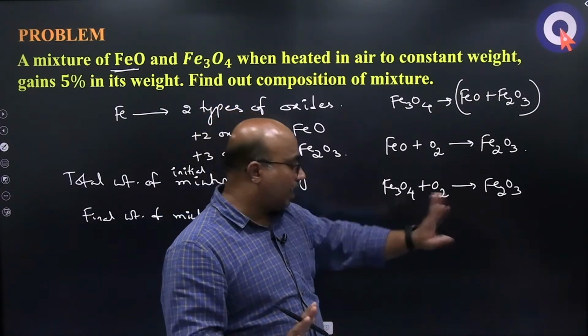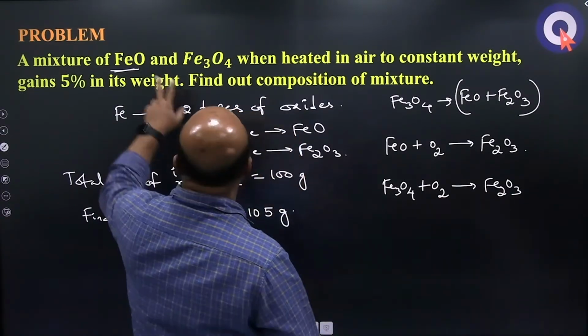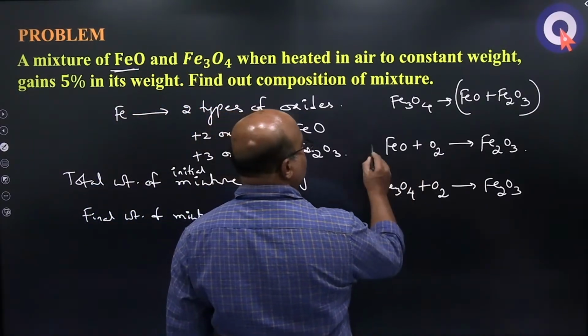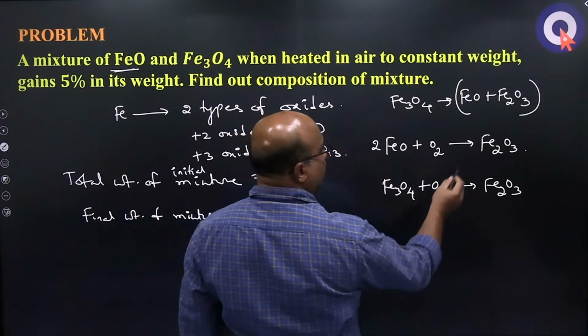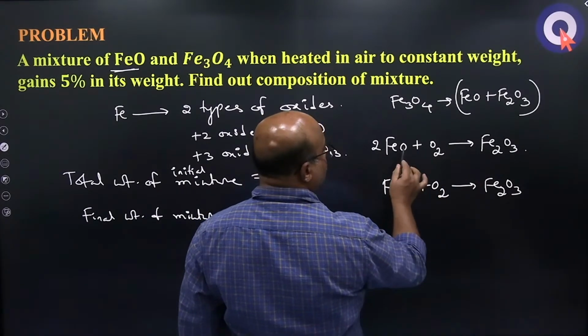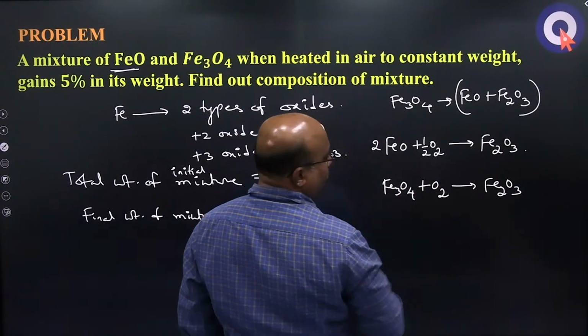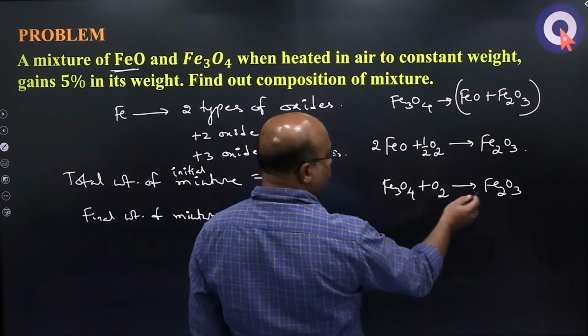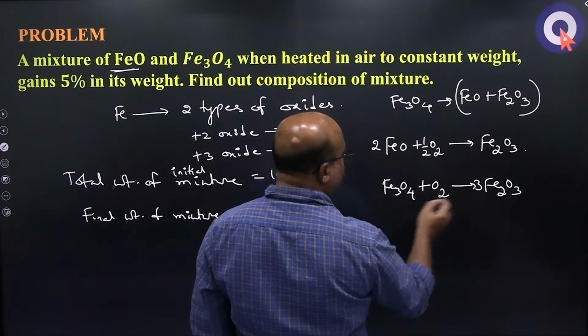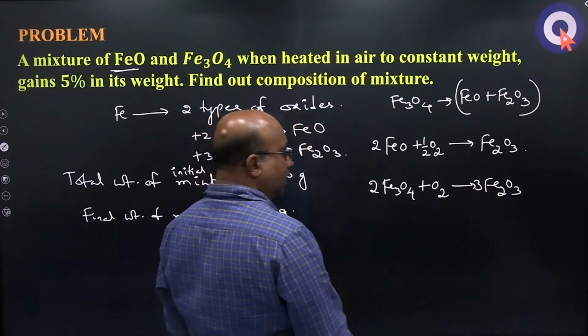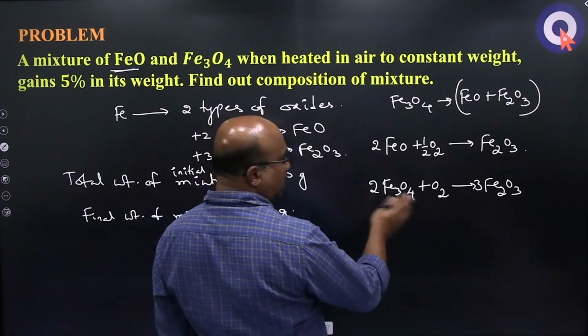So let us use a direct approach. These are the two components that exist. Balancing this, it becomes 2, but this is 2 plus 2, so it is half. Now this is 3, this is 2, so let us take this as 2 and that as 2, then iron gets balanced.